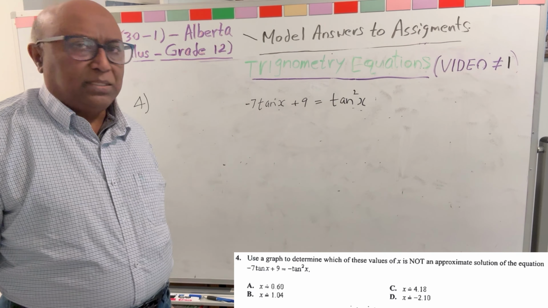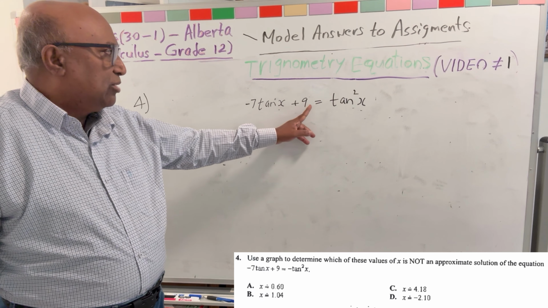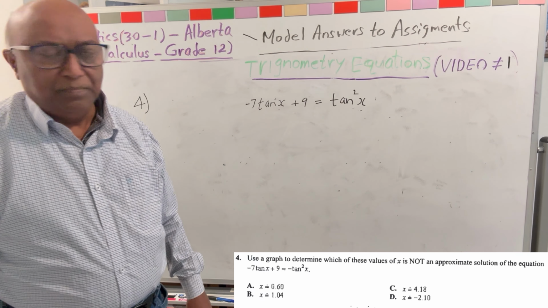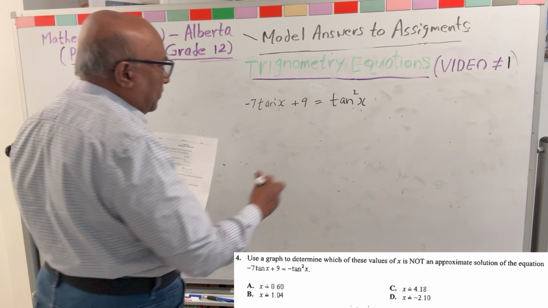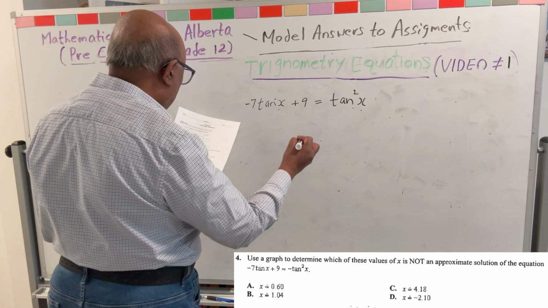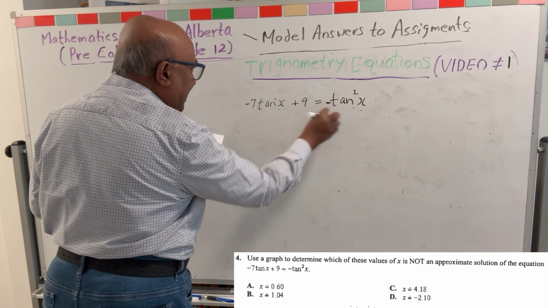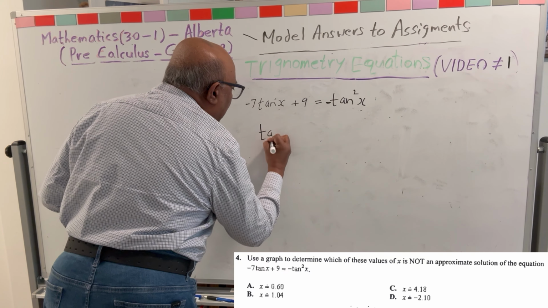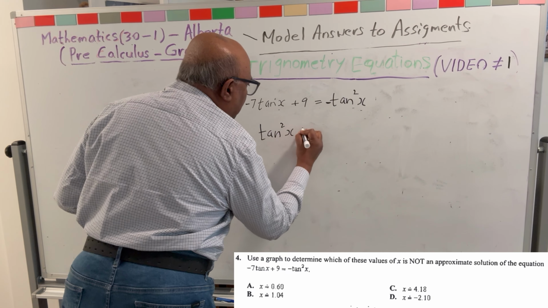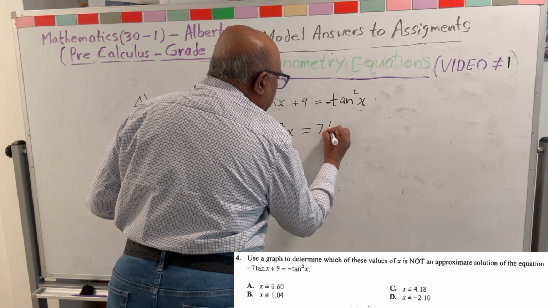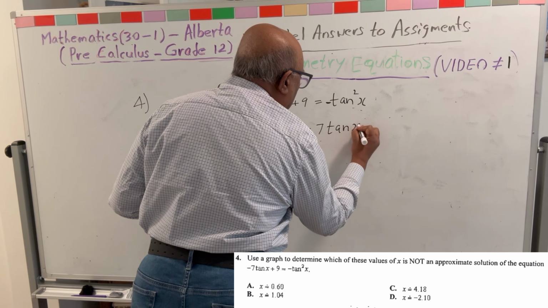For graphing purposes, you can rearrange this equation at your convenience. Right side is minus tan squared x. Then I will rearrange like this: tan squared x equal 7 tan x minus 9.